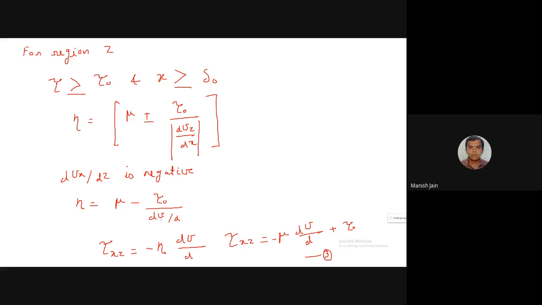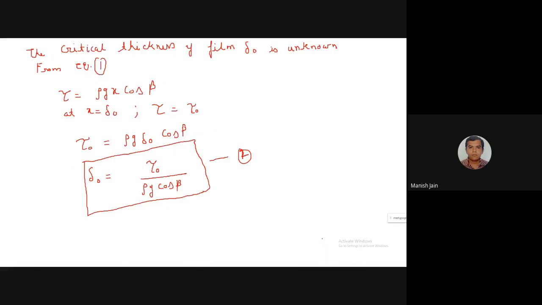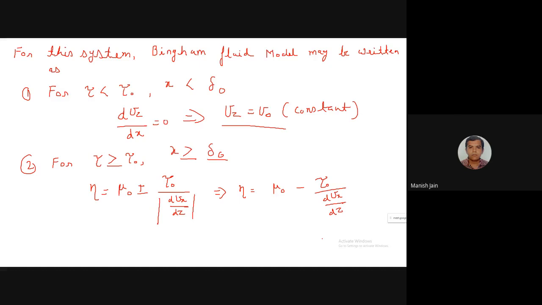This is also dvz by dx, because velocity should be in the z direction. Here it is correct, here it is correct, here it is wrong. No, we have to correct here also. This should be dvz by dx. Here also this is dvz by dx.